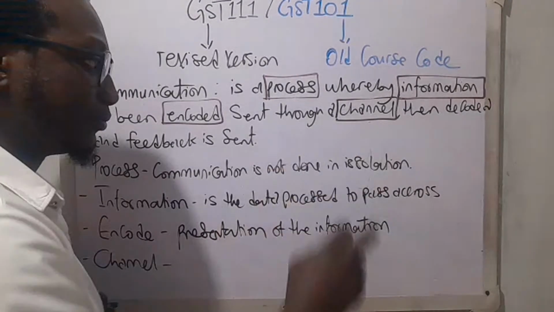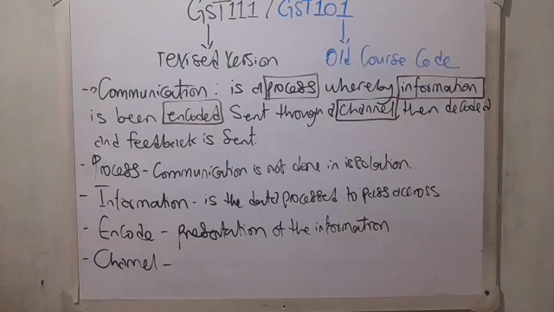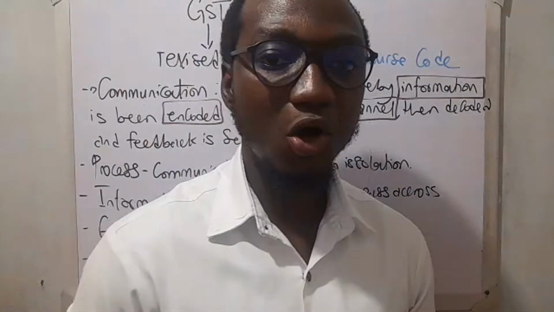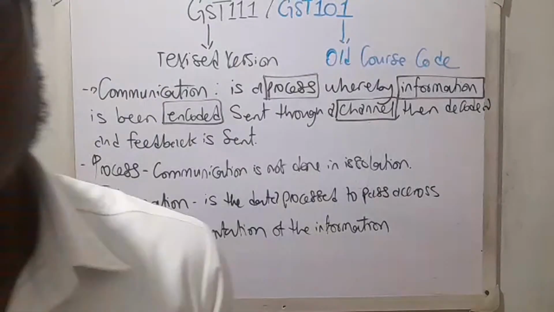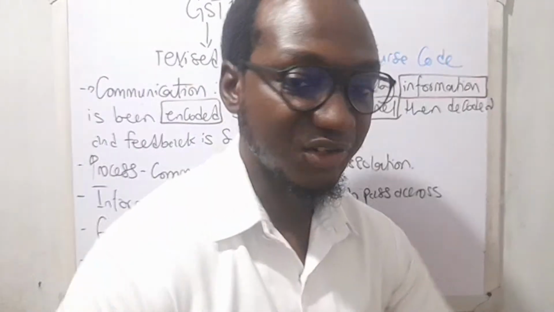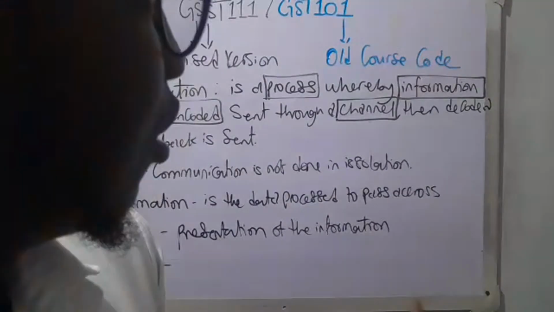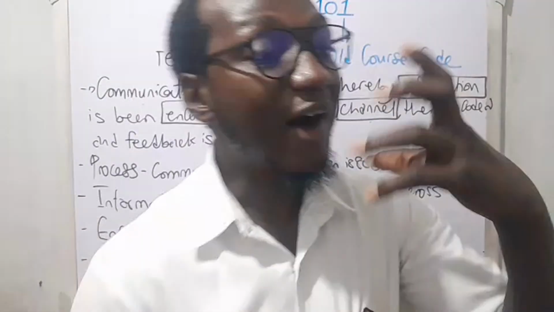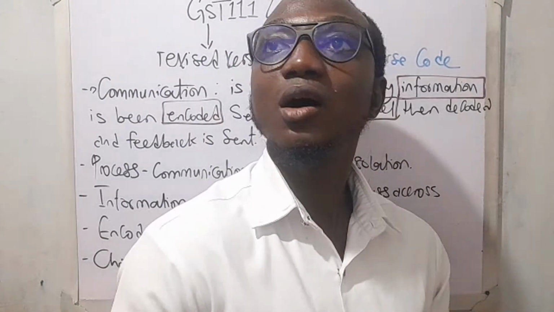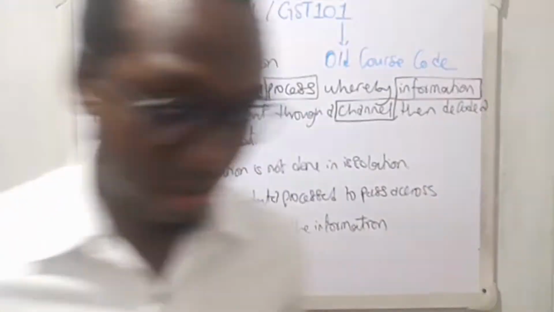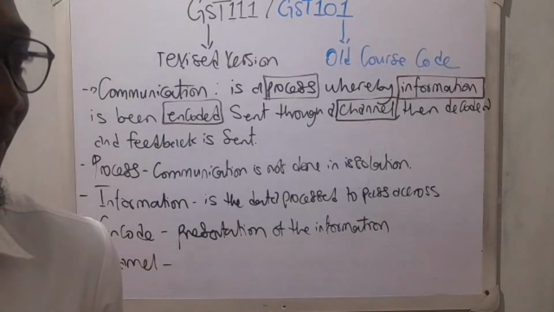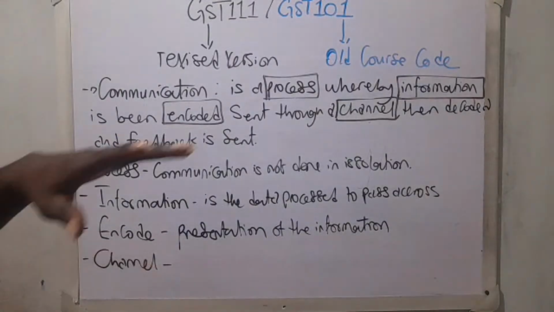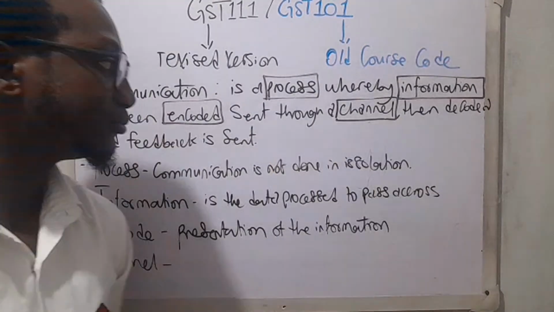Now, for this channel, we are simply talking about the right means of sending the information. All right, the right means of sending the information. So the channel could be orally, it could be verbally, it could be electronically. All right, any way you want to send your information is what we refer to as the channel.